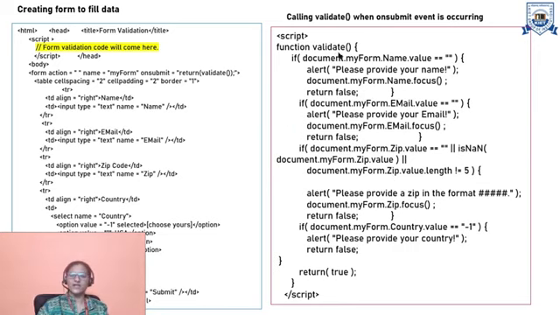It is just ensuring that fields are not left blank. For every element we have provided a name. For example, for the zip code we have created a text box, and we have provided it the name zip.